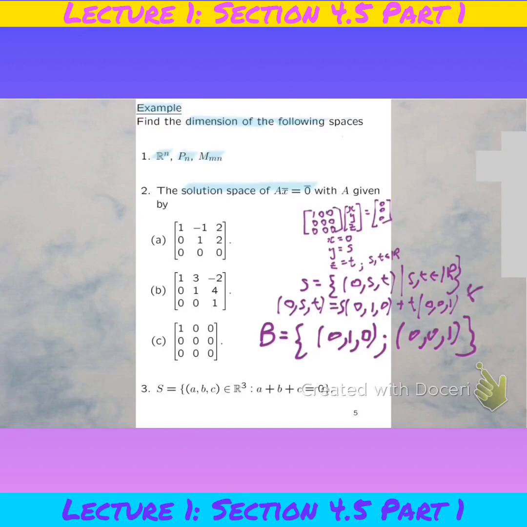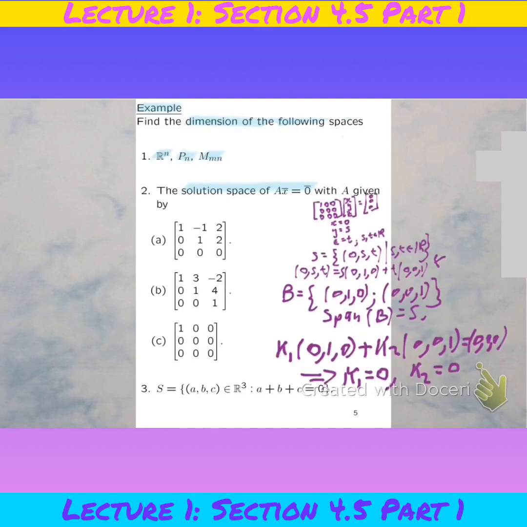I can write any vector in S, 0, S, T, as a linear combination of the vectors in B. Okay, so clearly the span of B is S. So all I need to do now is show that B is linearly independent. All right, setting up our linear independence equation.